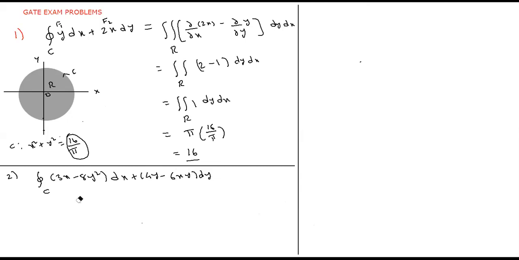Okay, 3x minus 8y square dx plus 4y minus 6xy dy, and it is over a triangle in the xy plane.